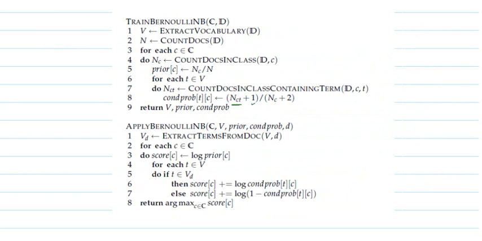This one is again the Laplace smoothing in the numerator, but we see that we have only two options to choose from, so that's why we are adding 2 here, right?